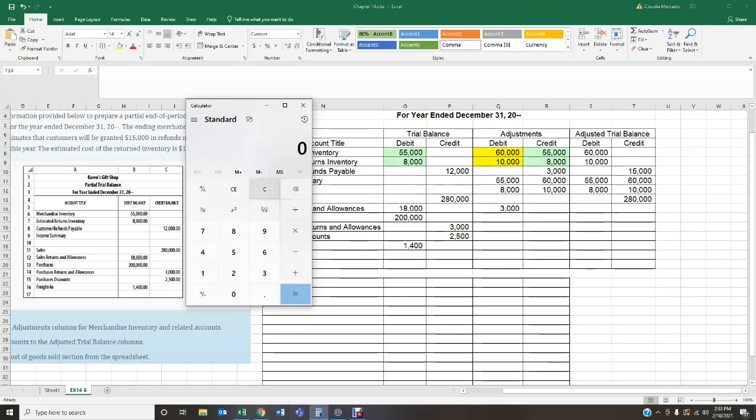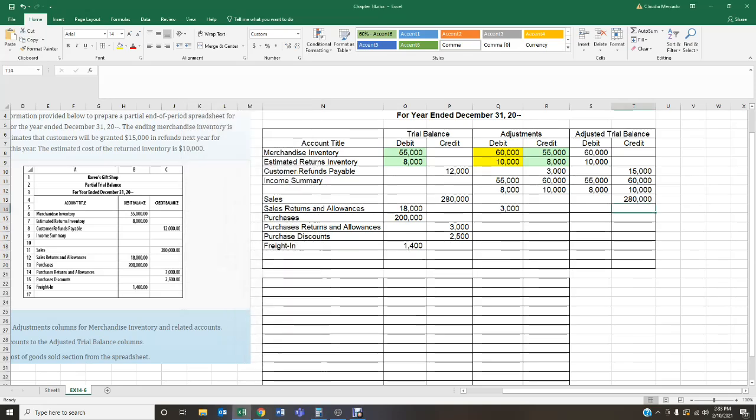So that means I have $18,000 plus $3,000. That gives me $21,000, and that is a debit balance. Be careful when you're adding. You have two debits here, so you're going to have a debit balance for the total of the two. For purchases we had no adjustments. That stays at $200,000.